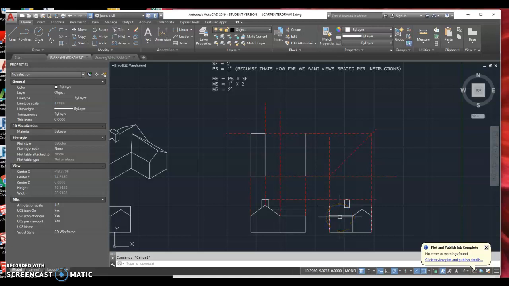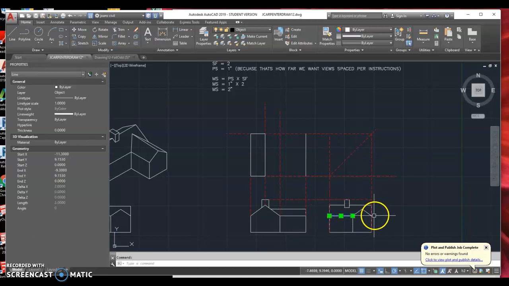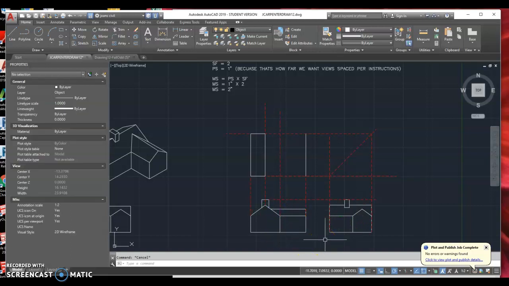Now I know that this interrupts this line that represents that bottom edge of the foreshortened slope right here. But for just getting it on the top view, I'm going to draw it as if it was just one whole roof side. So now I have two rectangles.